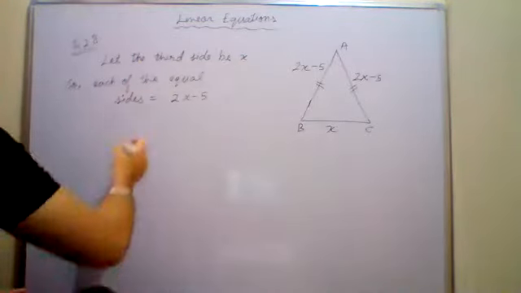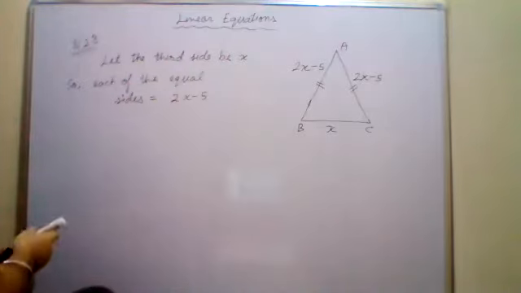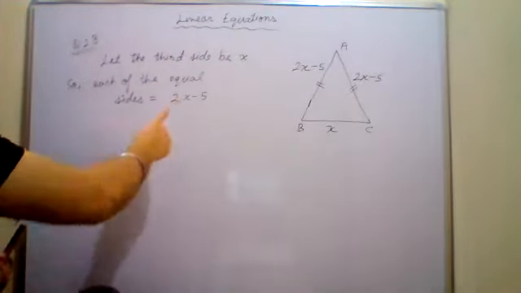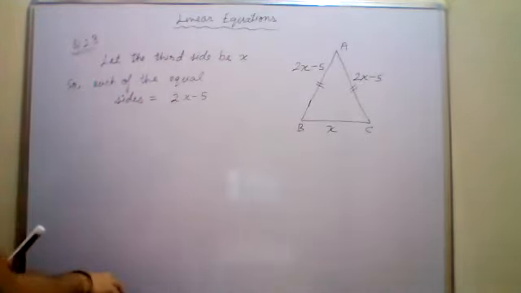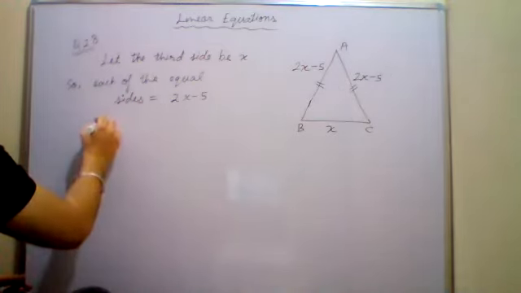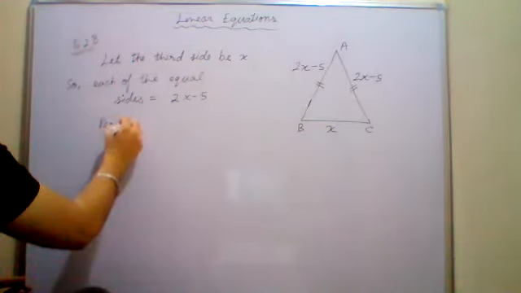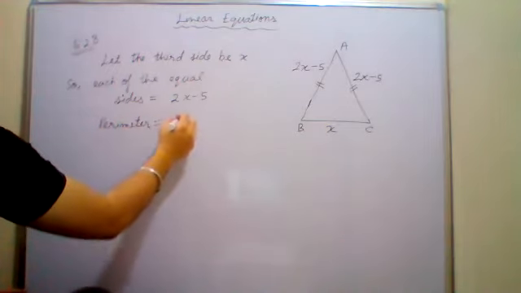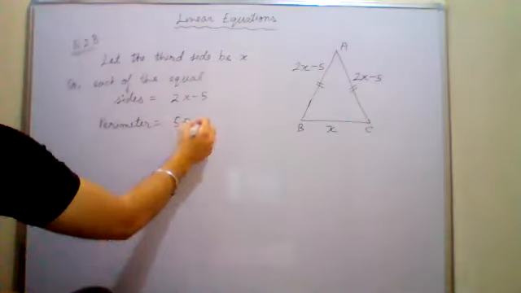Now again the perimeter of the triangle is given. Perimeter is given 55 meters.